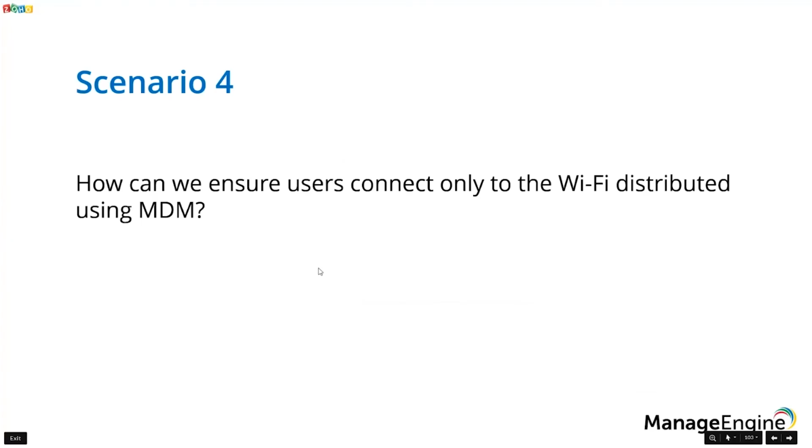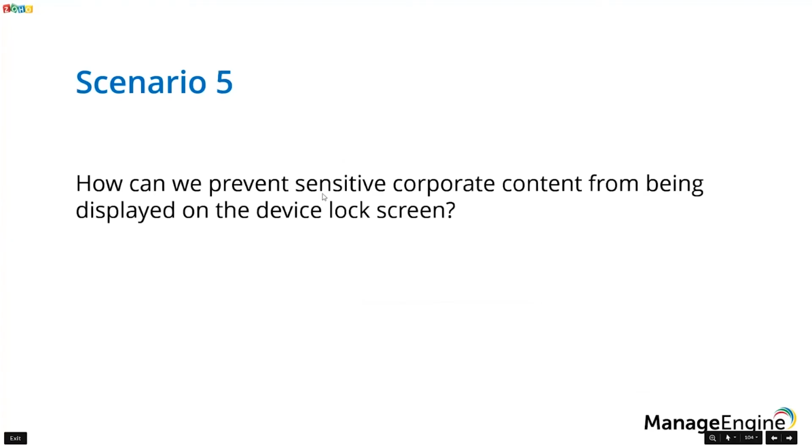So whatever profile you configure through this solution and distribute, only on those Wi-Fi profiles can the users connect the devices. How can we prevent sensitive corporate content from being displayed on the lock screen? This is like sharing an OTP. When your user receives an OTP, I don't want to share that information. Or when a user gets a corporate mail, I don't want to display the content on the notification screen. How can you have control on these level of settings?